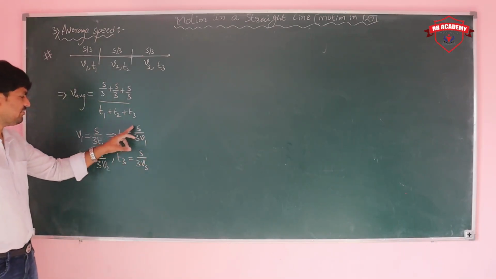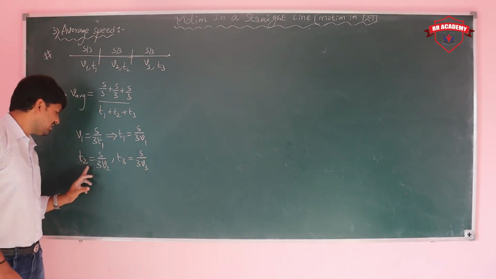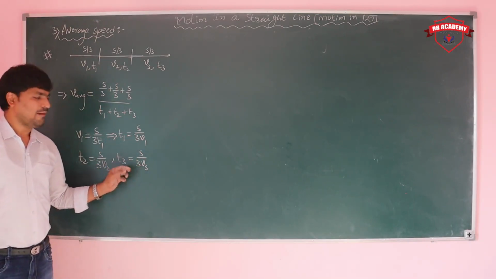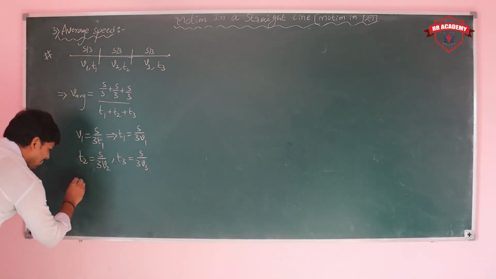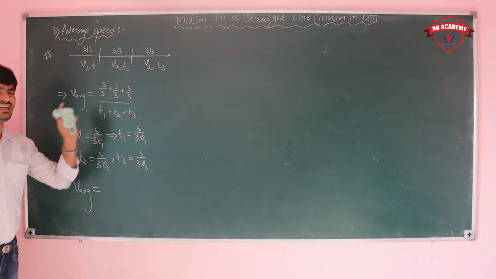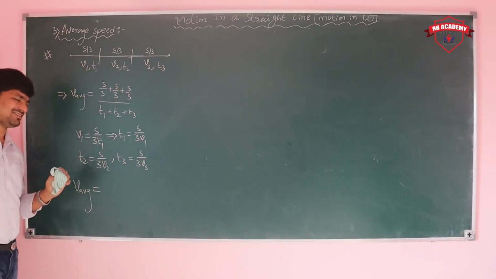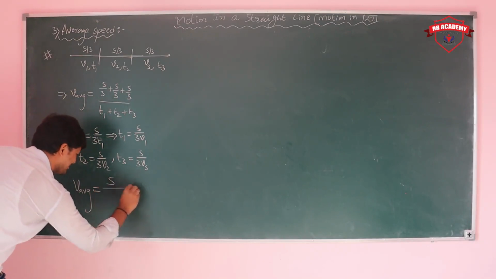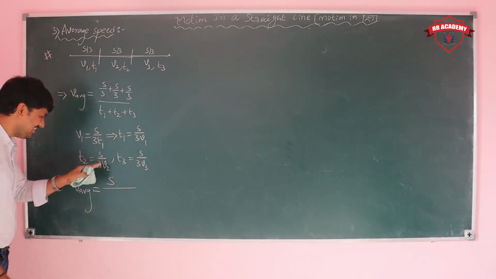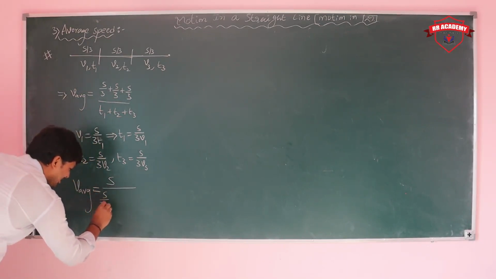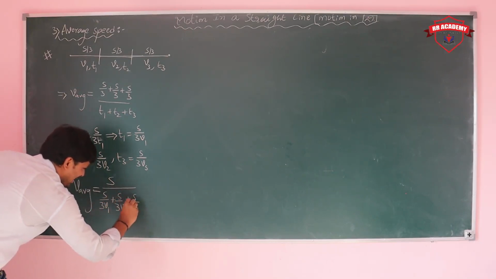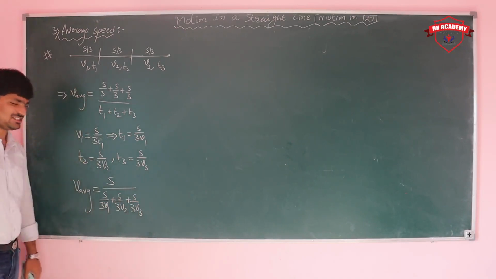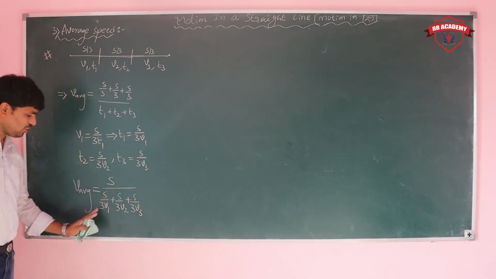So first T1 seconds, second T2 seconds, T3 seconds. Please put the values in this expression. Then what are we getting? The average speed is equal to S by 3, S by 3, S by 3, which is nothing but S, upon T1, S by 3V1, T2, S by 3V2, T3, S by 3V3. You can take S by 3 common.